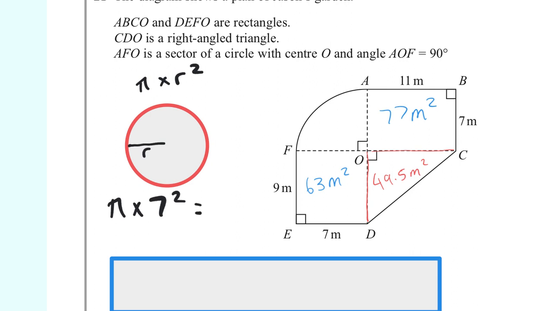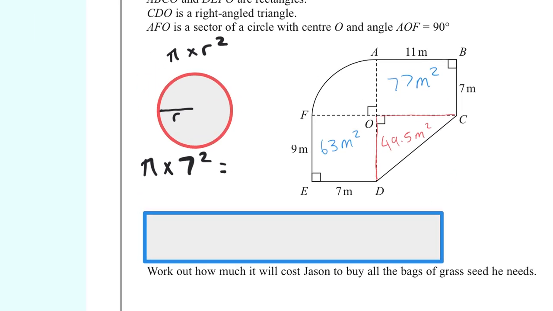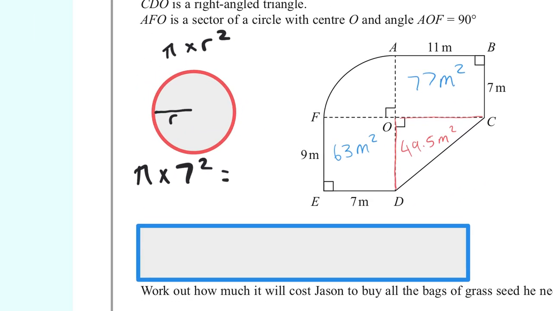So if you do that, find yourself where pi is, and you can either leave it exact or write it as a decimal. So if you left it exact, you get 49 pi. Otherwise, you get 153.9. Yeah, that's fine.